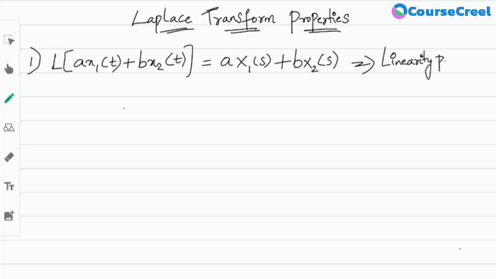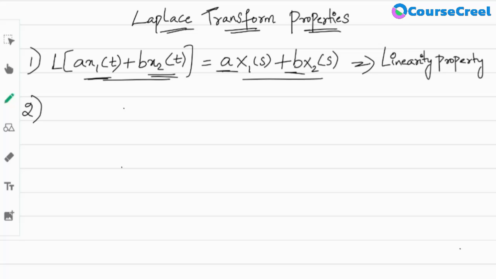The linearity property states that the weighted sum of two signals is equal to the weighted sum of individual Laplace transforms, where x1 of t and x2 of t are functions of time and a and b are constants.